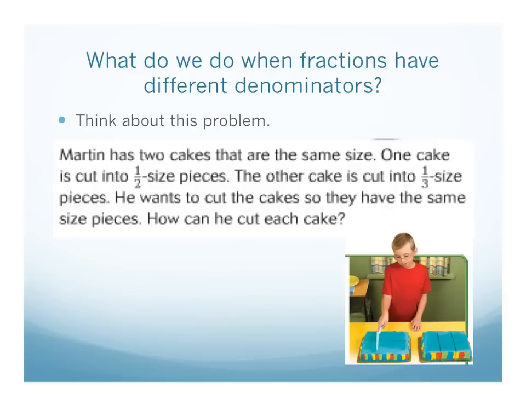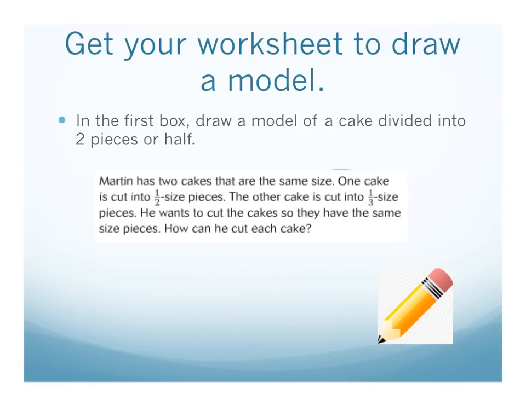Well, let's take a look at a drawing. And again, you should have your worksheet in front of you. In the first box, I want you to draw a model of a cake divided into two pieces or half. So you might quickly draw a square, half.